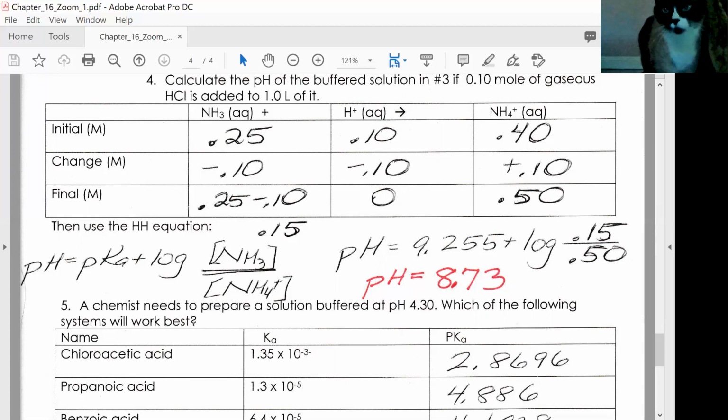Ammonia is 0.25. The hydrogen ion is from our hydrogen chloride dissolving in water and giving hydrochloric acid, which is a strong acid which dissociates to give you the 0.1 molar hydrogen ion. Our ammonium from the previous question was 0.40.